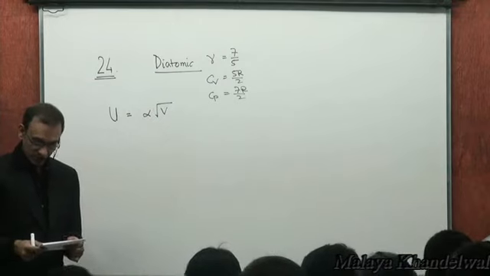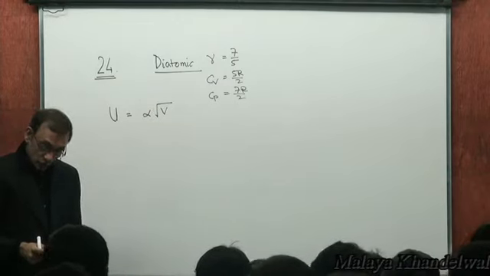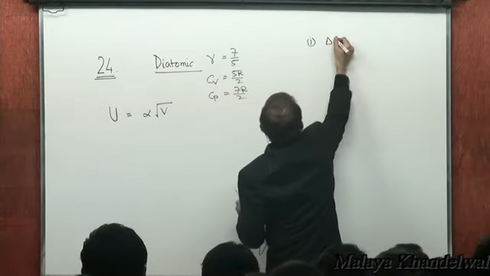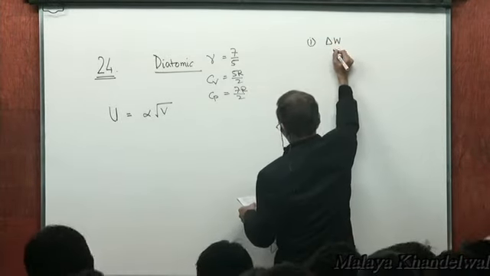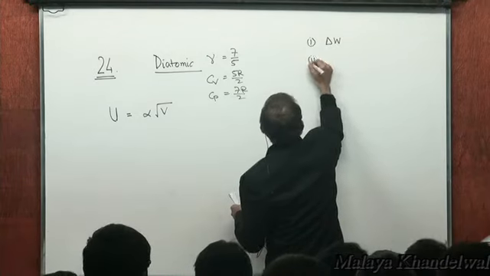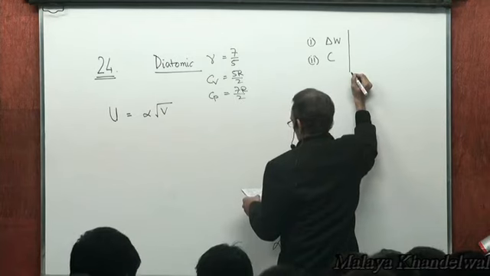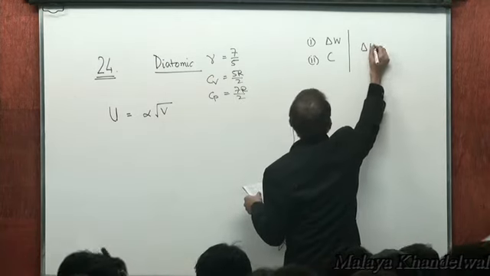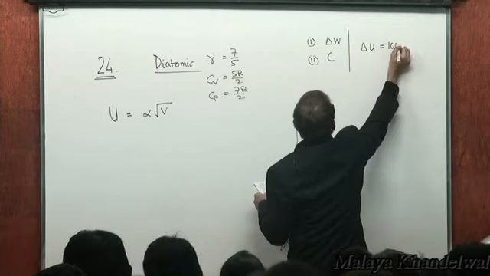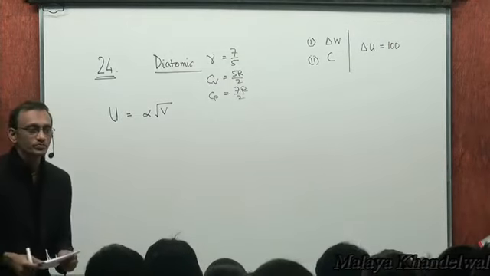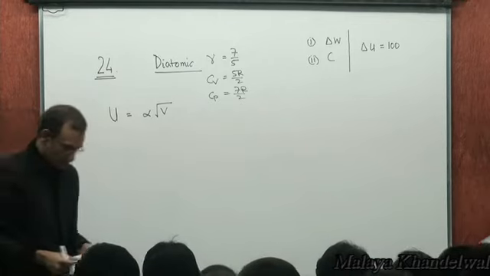Alpha is a constant. We want to find the work performed by the gas and the molar specific heat for the process, given that the change in internal energy brought about is 100 joules. Such is the process, right?